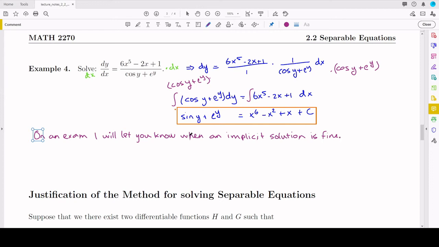Then you don't have to solve for y, which is not possible in this case.